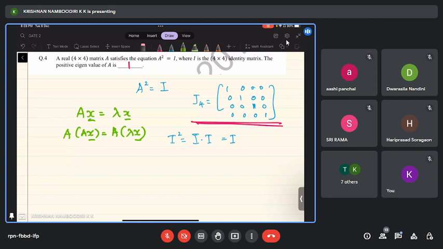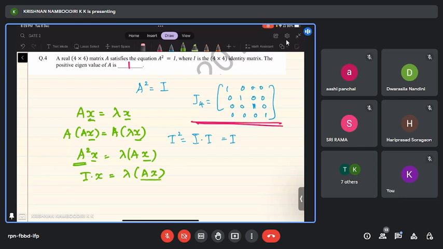A into Ax is nothing but A square into x. A into lambda x can be written as lambda into Ax. So what is A square? That is I. I into x equal to lambda into Ax.